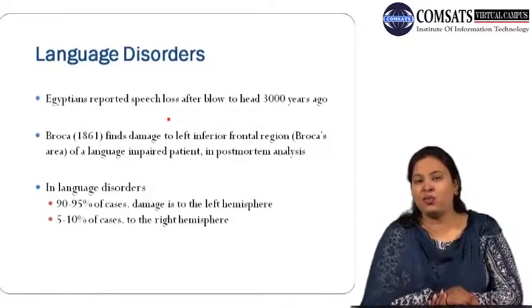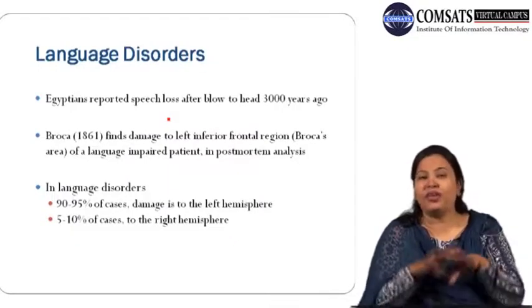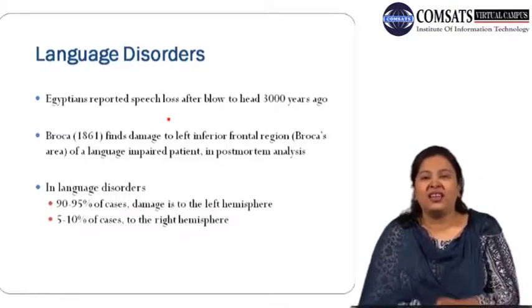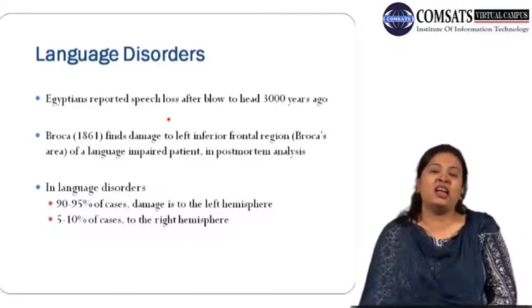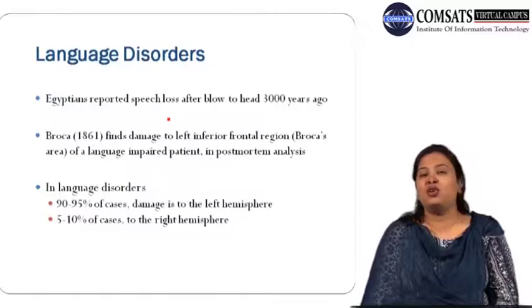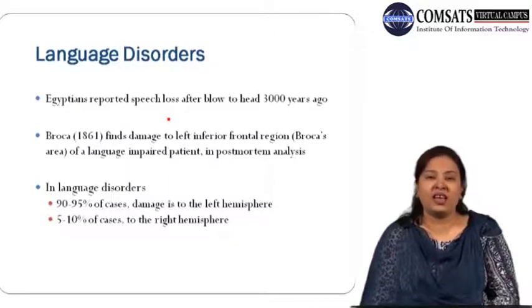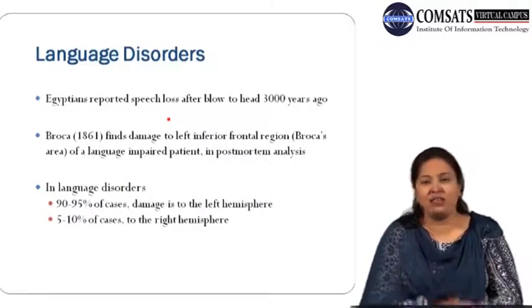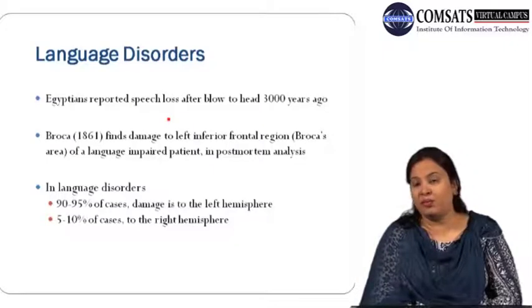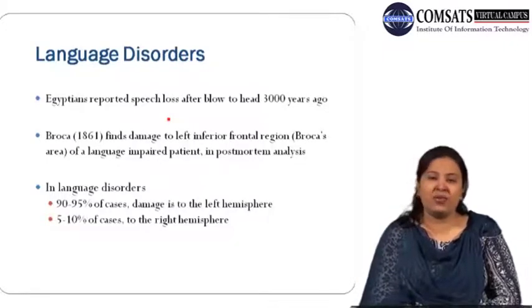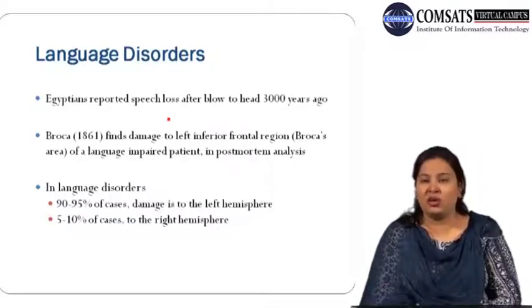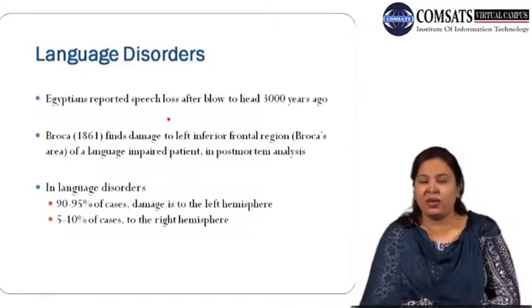That's why it has been established, again with a question mark, that language resides in the left hemisphere, because in 90 to 95% of cases, if they get a stroke on the left side of their head, or their left hemisphere gets damaged, they have these language disorders, which shows that language is related to the left hemisphere of the brain.